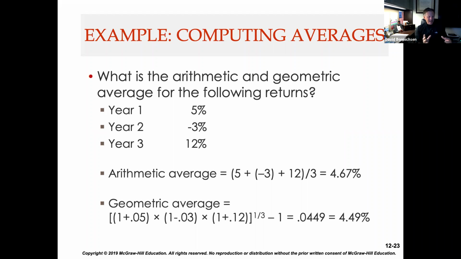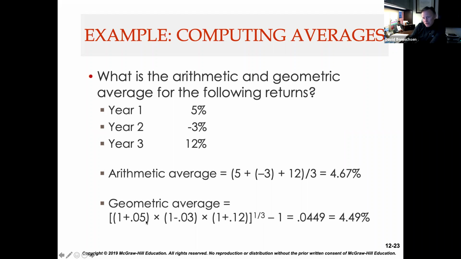So we're creating that dependency as we move through time. So now it's 1.12 times the 0.97. So we have 1.05 times 0.97, because we're 3% less than what we were in year 1, and then times 1.12 because we were 12% more than what we did in year 2. So that creates the dependency.